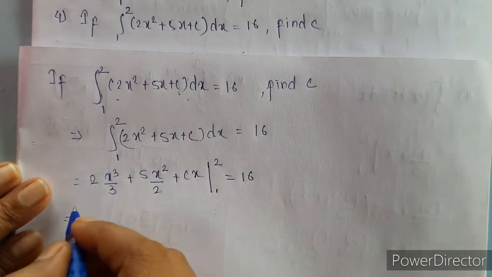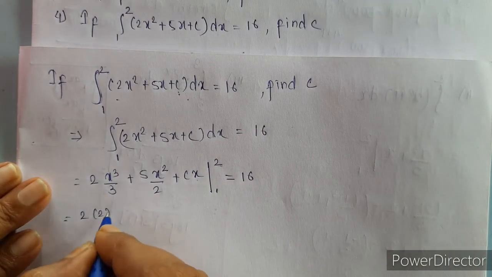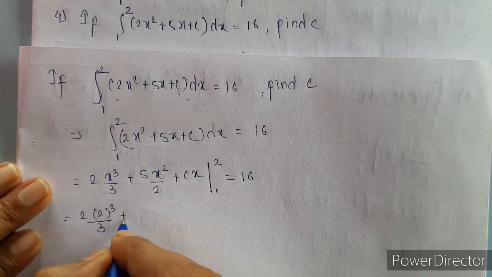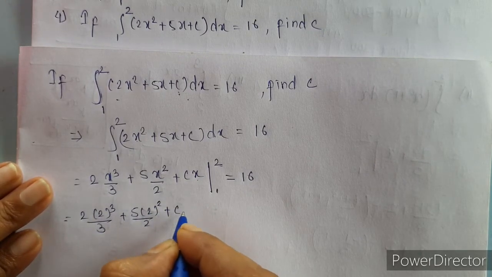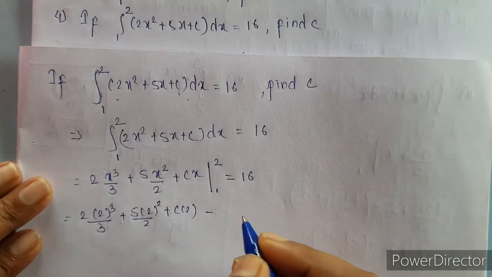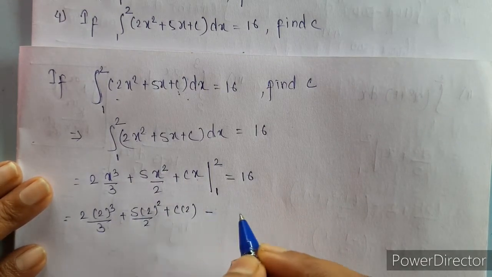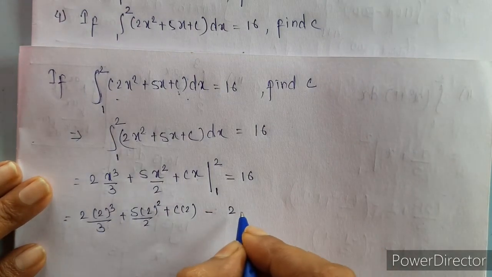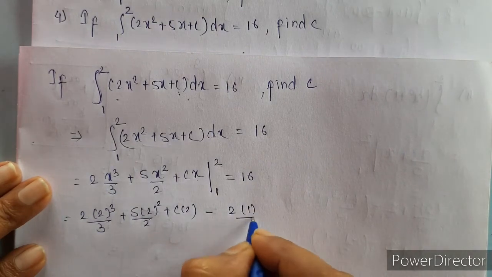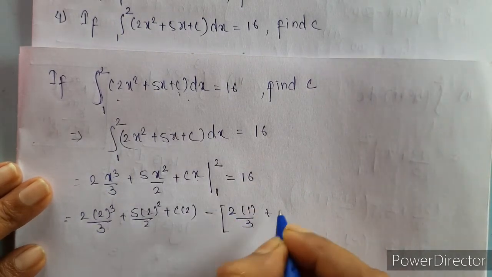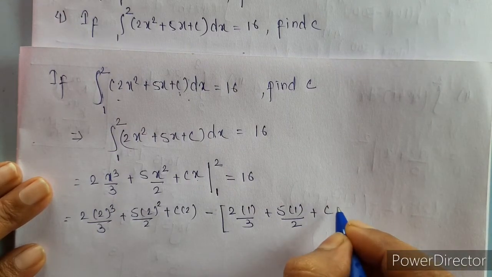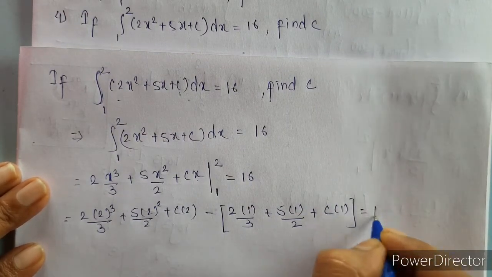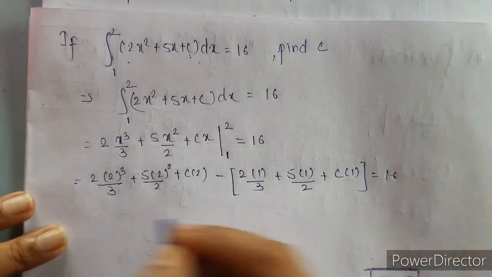Now let's substitute this 2 first. 2 into 2 cube by 3 plus 5 into 2 square by 2 plus c times 2, minus, now substitute this lower limit 1: 2 into 1 cube is 1 by 3 plus 5 into 1 square is 1 by 2 and c times 1, and this is equal to 16.